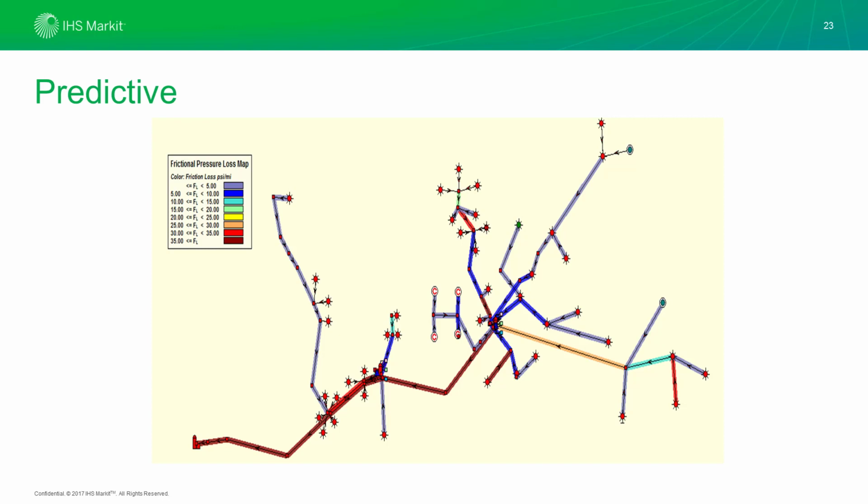This is the frictional pressure loss map, and if we look at the legend, we can see anything below 5 psi per mile is shown in purple, and we can go up in 5 psi increments to a pressure of 35 psi per mile or higher, which is shown in red. In this model, the cooler colors represent low restriction and pipeline capacity, while the warmer colors indicate a potential restriction.